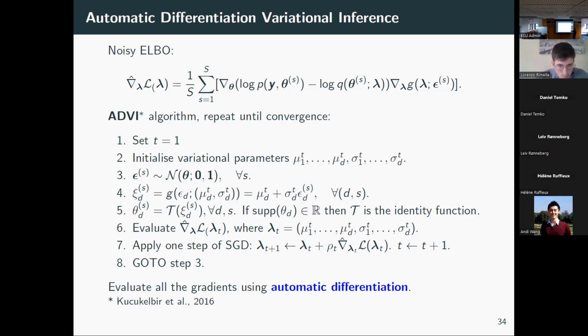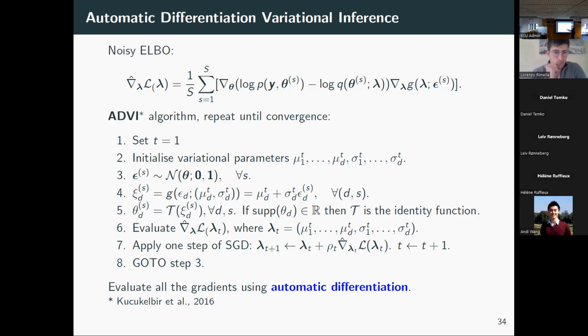Then for those parameters whose support is constrained, apply the T function, for example, an exponential. Then you compute the gradient of the ELBO using that noisy ELBO gradient, and then just apply stochastic gradient descent, and repeat until convergence.